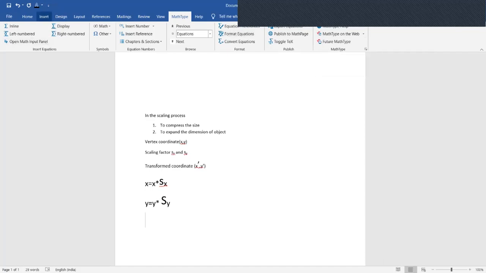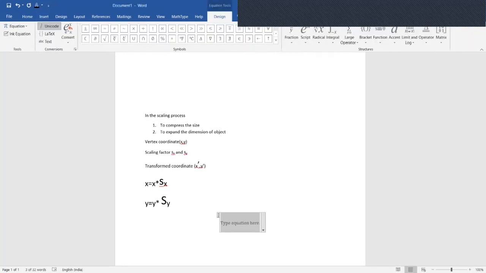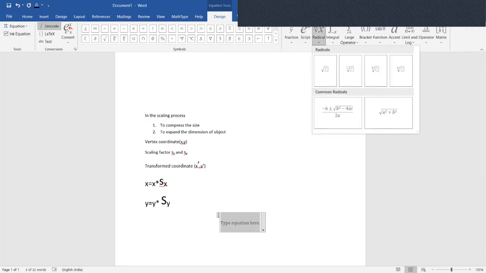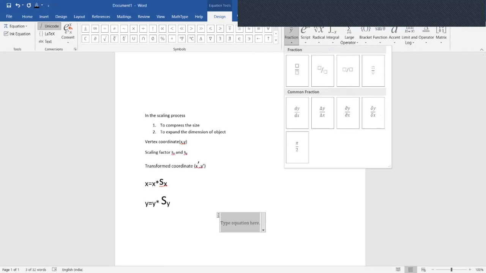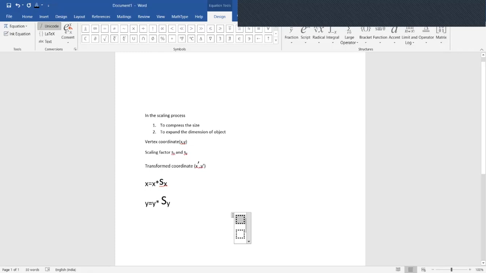We will insert a matrix which consists of Sx and Sy, and write the matrix of x dash and y dash.